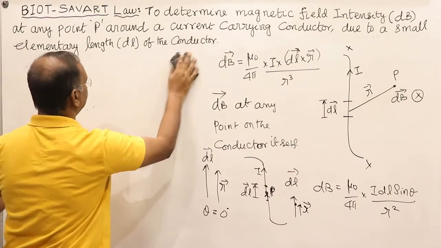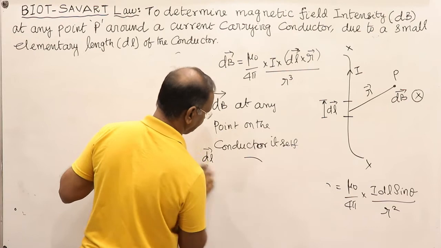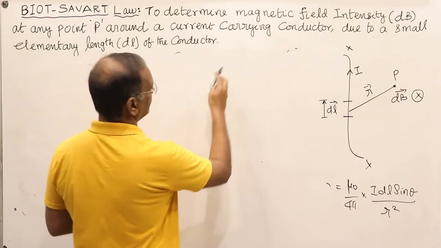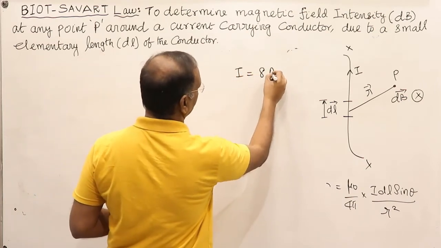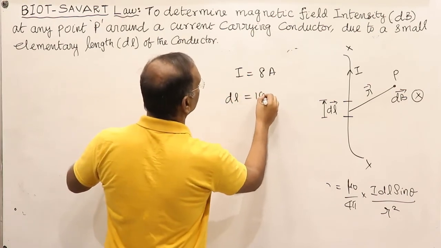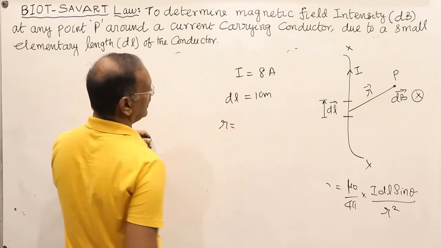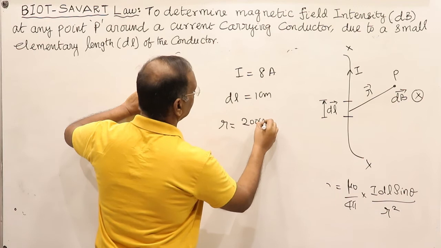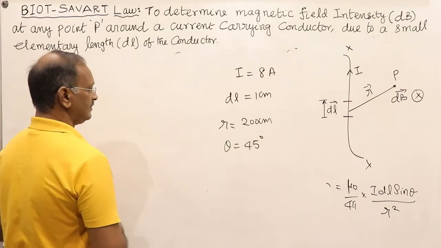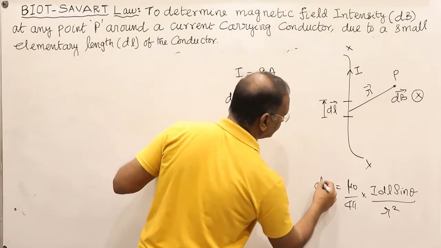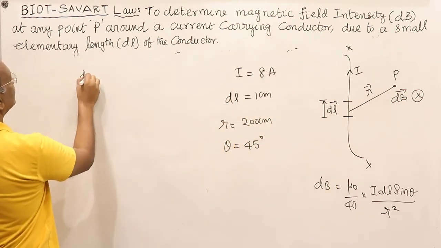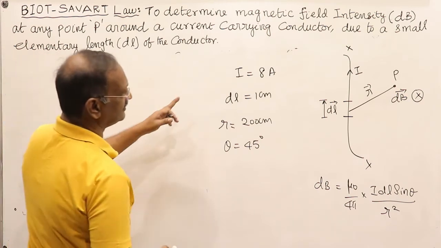Now let us take an example. Suppose it is given to us that the current is equal to 8 ampere, elemental length is equal to 1 centimeter, the distance r is equal to 200 centimeter, and theta is equal to 45 degree. So how will we calculate dB?